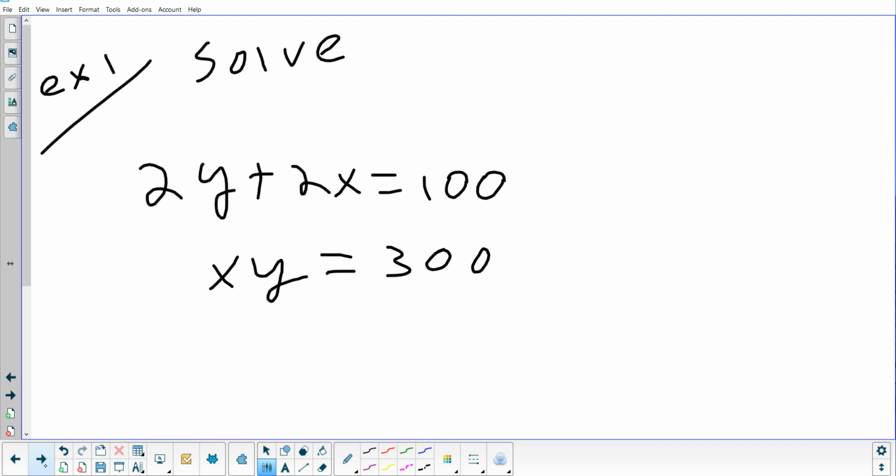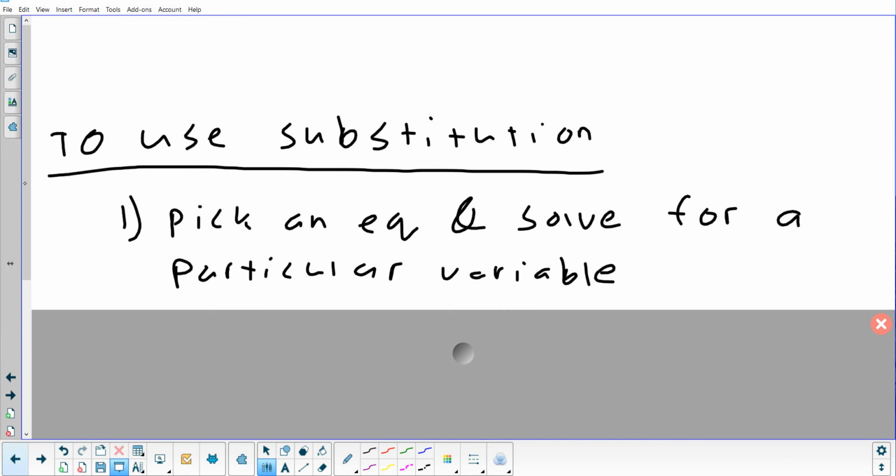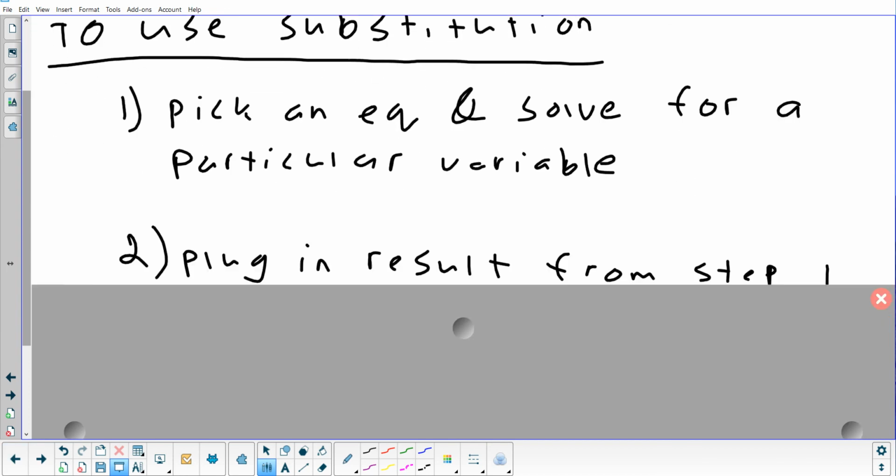If you want to get x or y by itself in the top one, you're going to have to do at least 2 steps. And you're going to end up with a division step. And anytime you divide, you could end up with fractions. So we don't have to divide by a number. We're going to try to avoid fractions if we can.